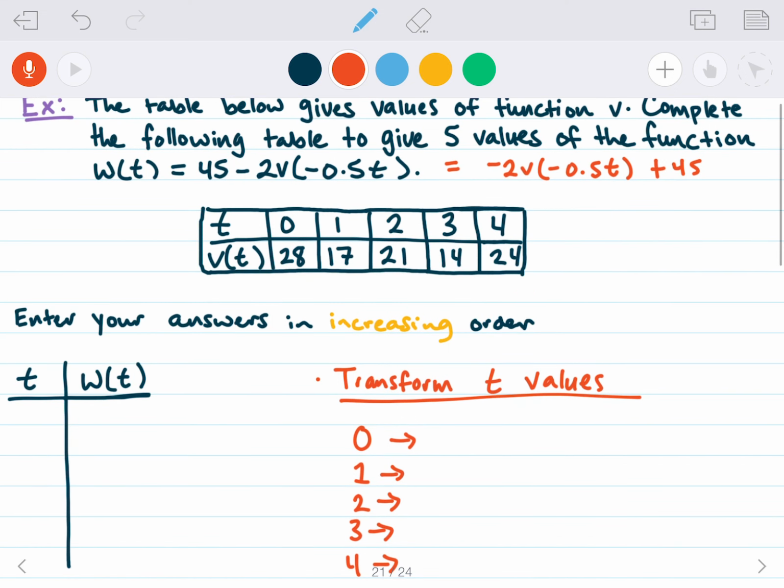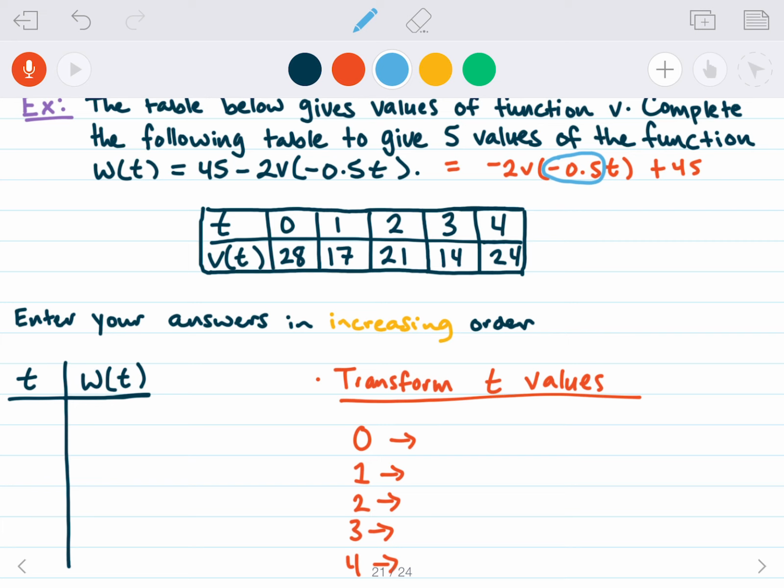So what's happening to x? Or what's happening to the t values? Well, everything in the argument. So this -0.5, but remember, we're doing the reciprocal of -0.5, which is 2, right? Because 0.5 is 1/2, the reciprocal is 2. So I'm actually going to multiply all of my t values by -2.